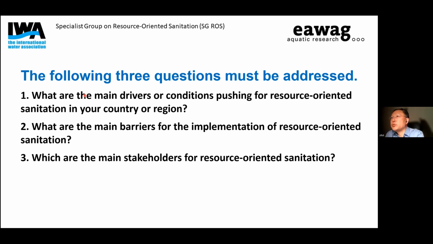And the second one is: what are the main barriers for the implementation of resource-oriented sanitation? And the third one is: which are the main stakeholders for resource-oriented sanitation? So I try to answer these questions based on my presentation.